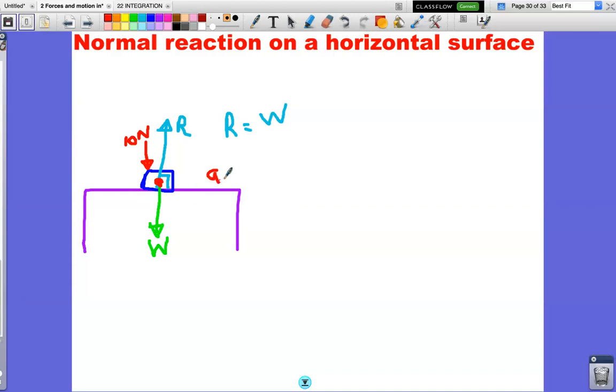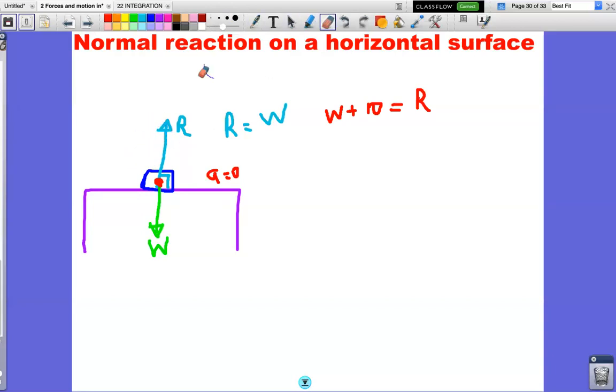There is no acceleration. It means that the forces are again balanced. So when forces are balanced, it means the sum of forces in the downward direction should be equal to the sum of forces upward. So in this case, weight plus your 10 newtons should be equal to normal reaction. So if you push on this book, the normal reaction force will increase so as to balance up with the forces acting downwards.